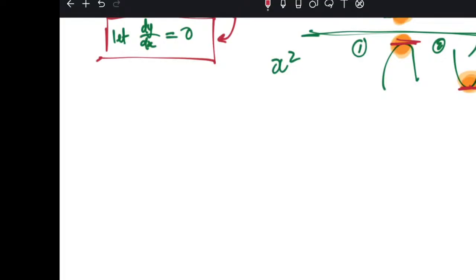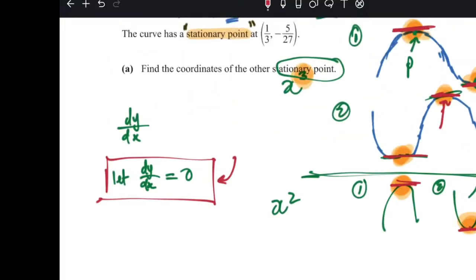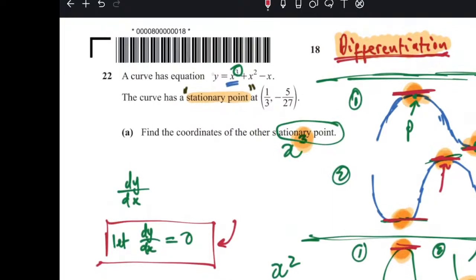It's because solving is not so easy. You may have to use the quadratic formula to solve, because you'll now have an x squared which you need to solve. And when you solve it, you'll need to look for the other point and so on. So it may take a bit of time, but it will be you making dy dx equal to 0. You are not letting me down. Come on. It's so easy.